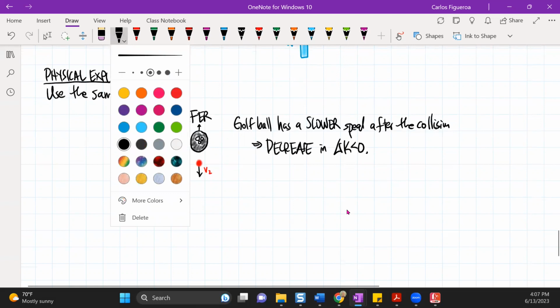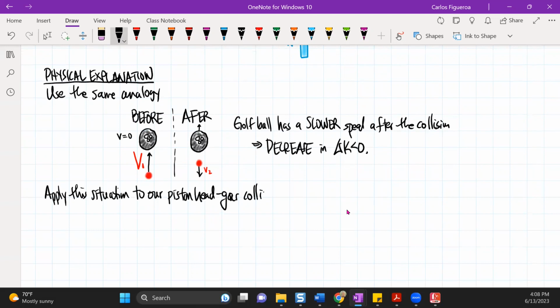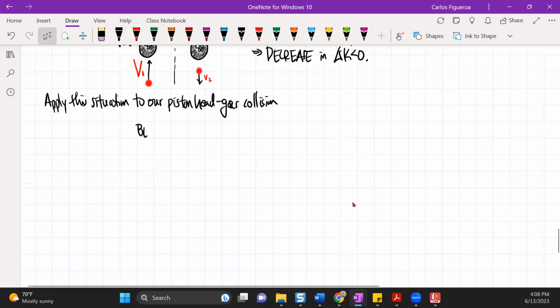But then I'm just going to apply this same situation to our piston head gas collision. So as before and after, I have a stationary piston head.